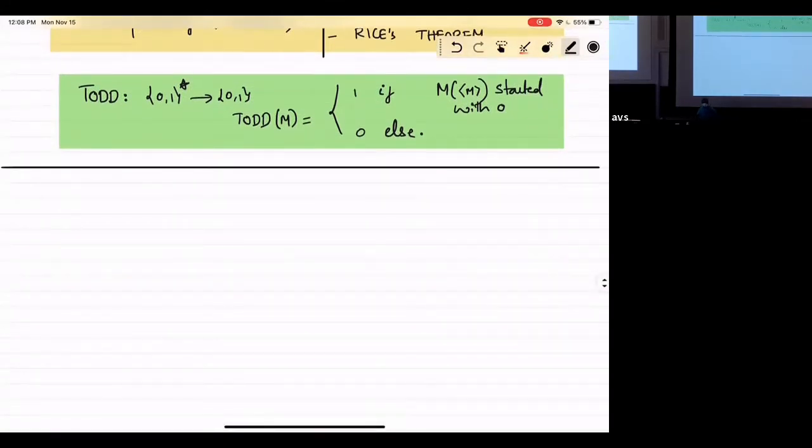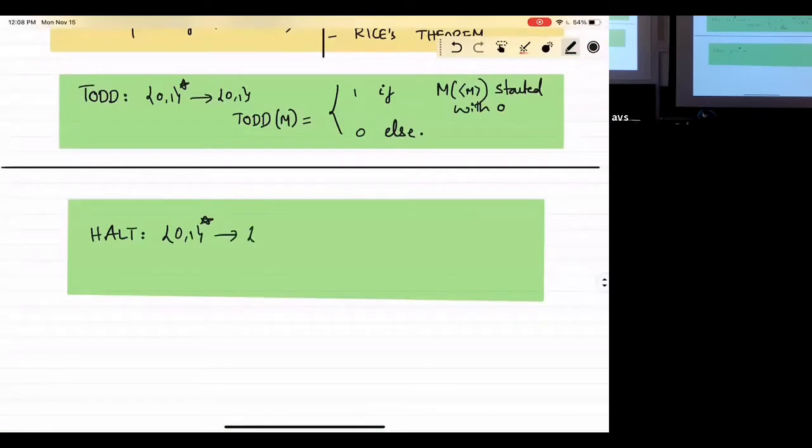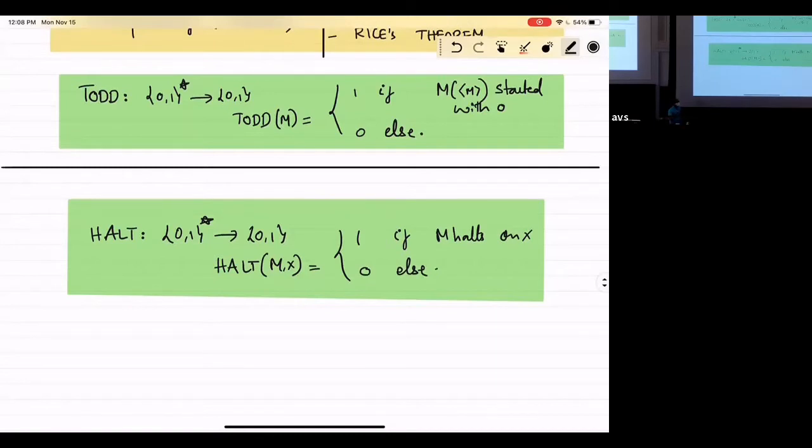Okay. So we're going to use this as kind of the origin for a lot of other stuff we're going to see. The first one was we defined the halting problem. And remember that these are functions.